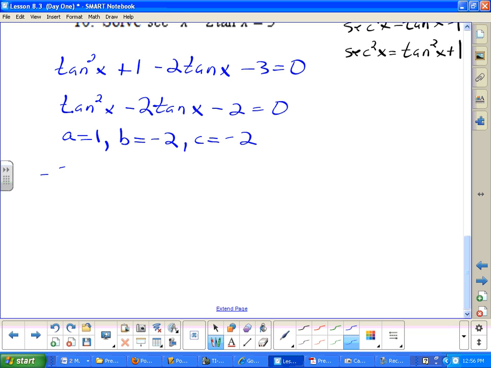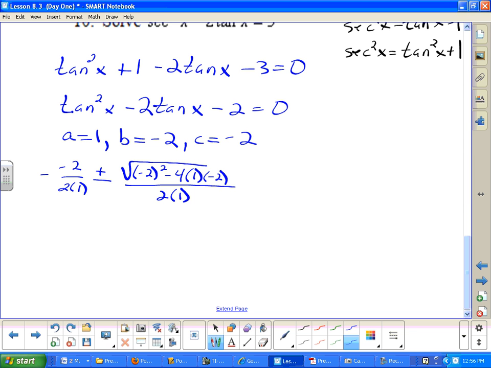So the opposite of -2 over 2 times 1 plus or minus the square root of -2 squared minus 4 times A times C, divided by 2 times A.